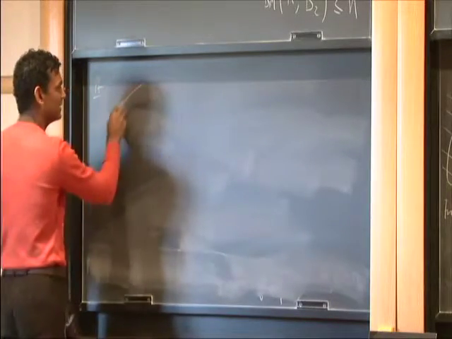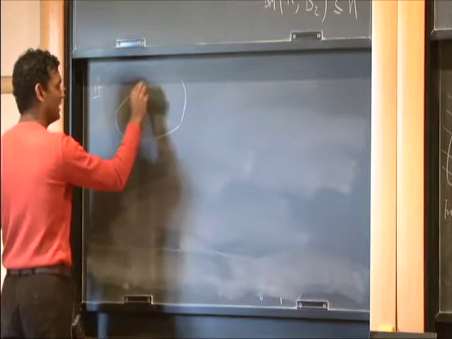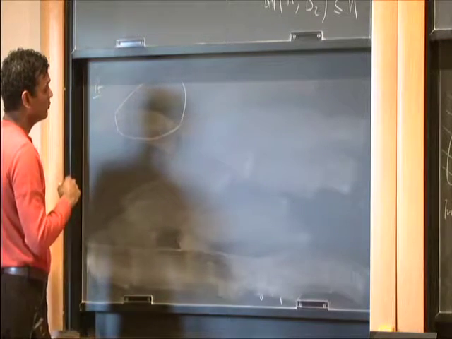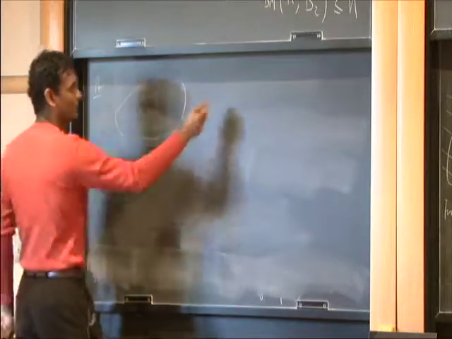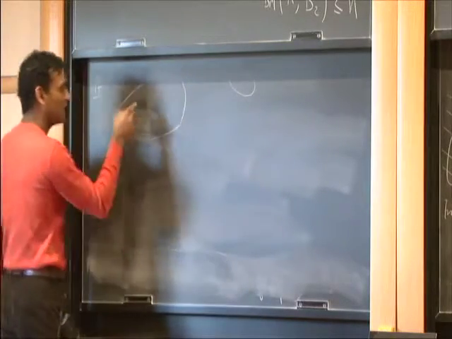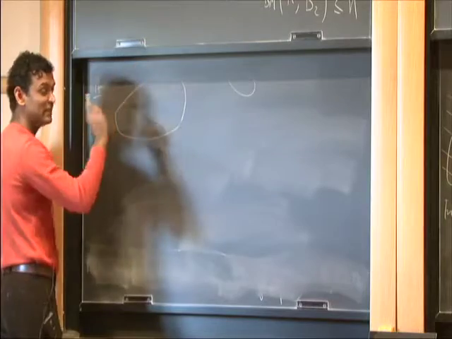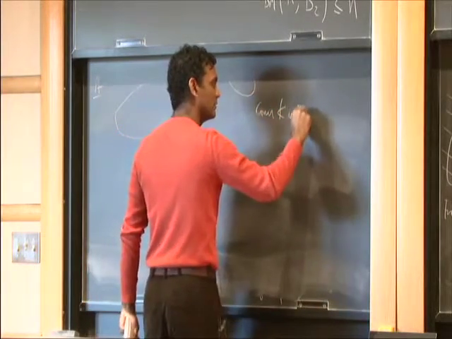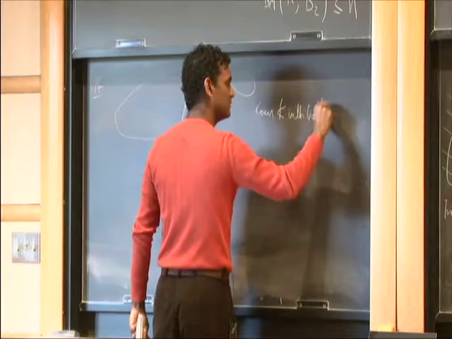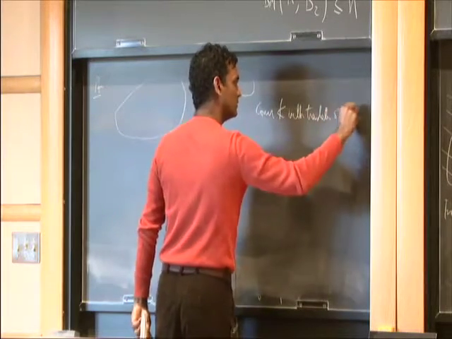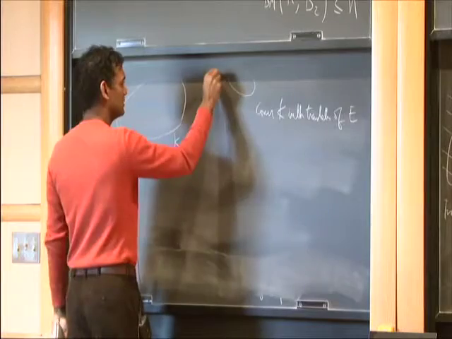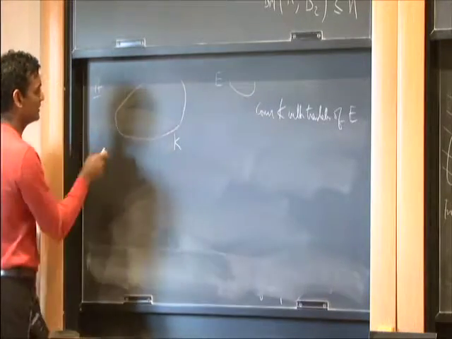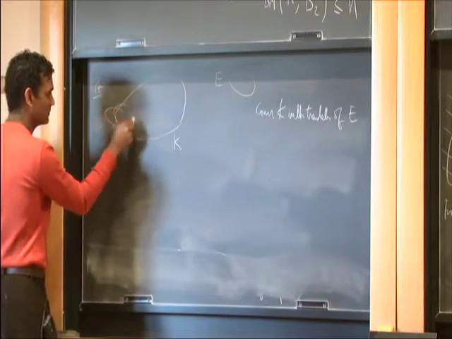I want to enumerate all the lattice points inside k. So we'll cover k with translates of E. There's k, and this is the given M-ellipsoid E. You're going to cover k with translates of E. So this is a covering.